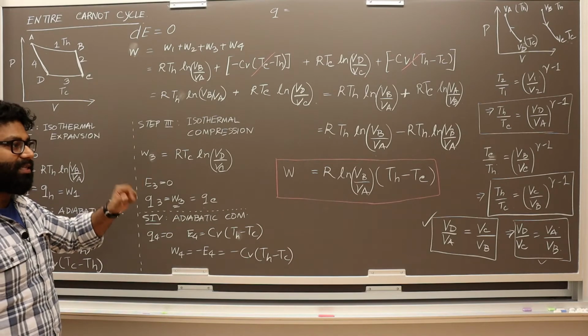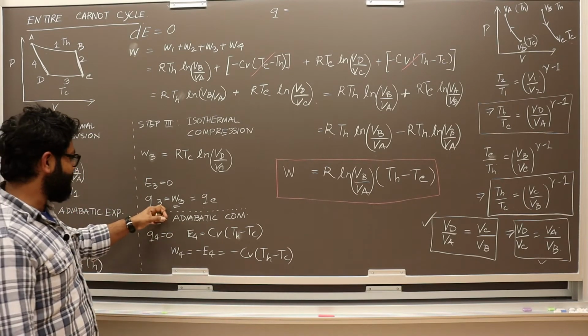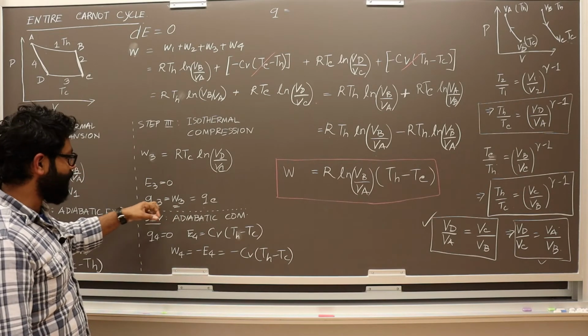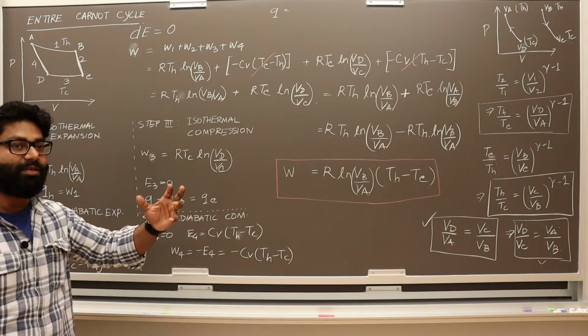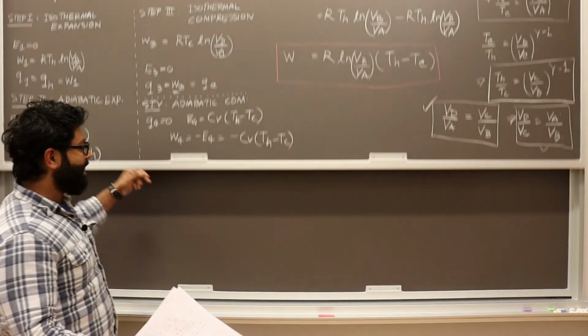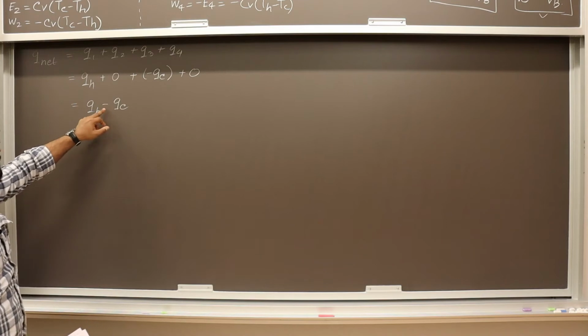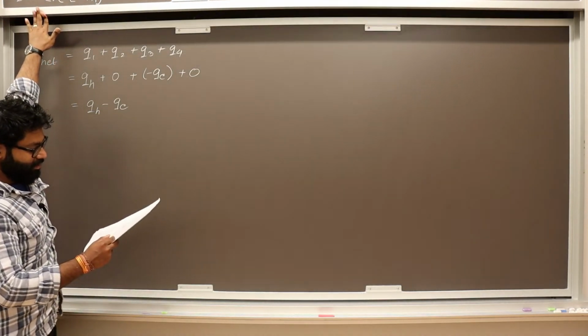So work was done on the system, which was negative, and Q3 also became negative. And when Q3 becomes negative, that means that amount of heat was released out, so it should have a negative connotation. That is included in here. So QH minus QC. This is the Q net of the system, okay?